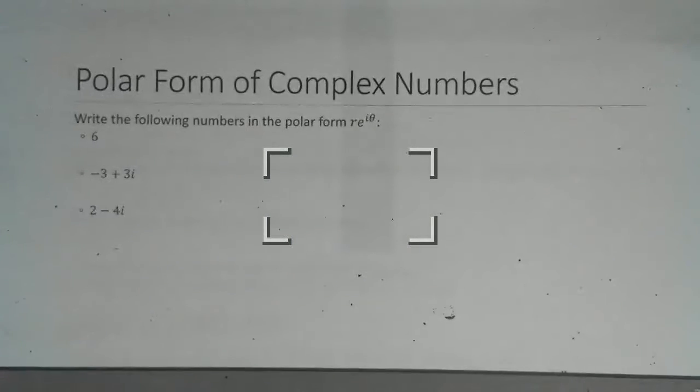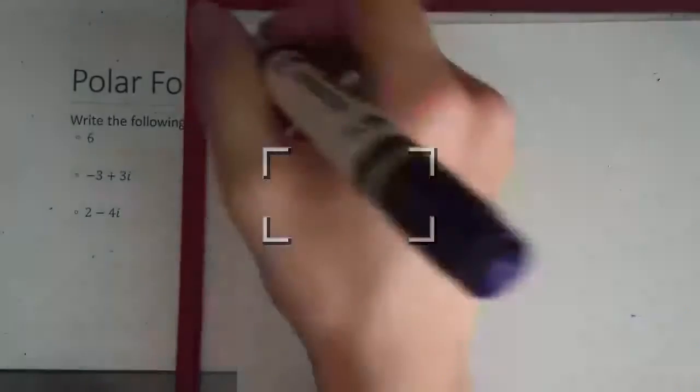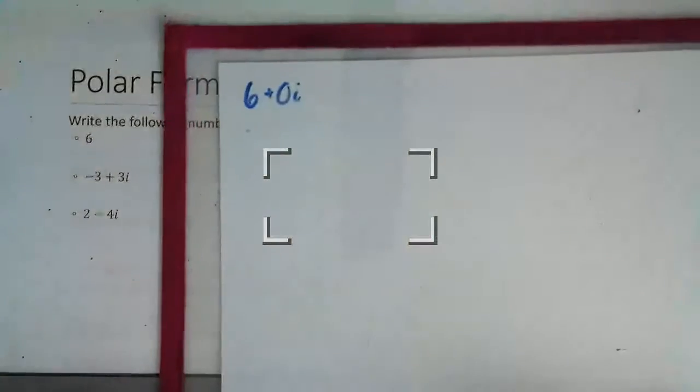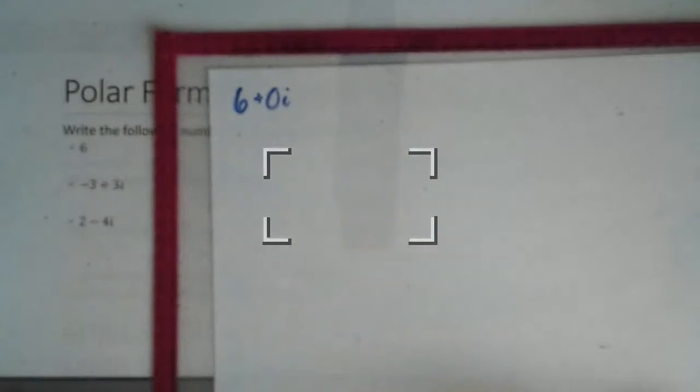We're going to write each of the following numbers in the form re to the i theta. And I'm going to grab a blank sheet of paper just to make sure I have enough room. The first complex number we're going to work with is 6. And I'm going to write it as 6 plus 0i. That way I can see both parts.